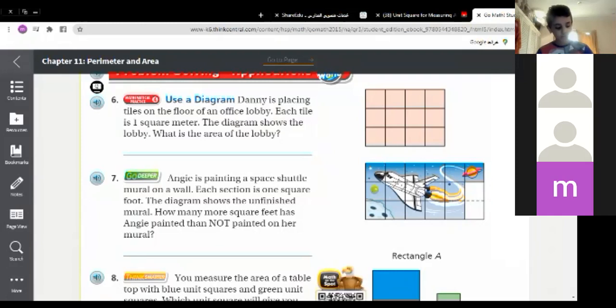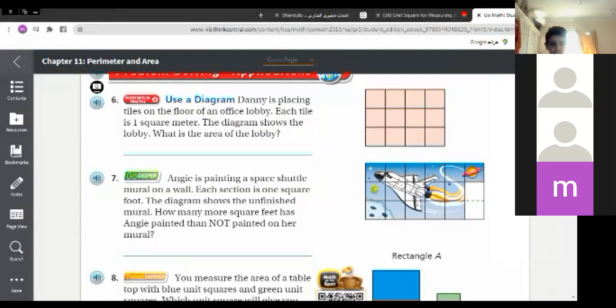Yes, Yazan, what is the unit here? The unit here is square centimeters, square inches, or square meters for each tile. He said it's 1 square meter for each tile. Each tile here, like this one, this is the first tile. In your room, you'll find tiles like this on the ground.